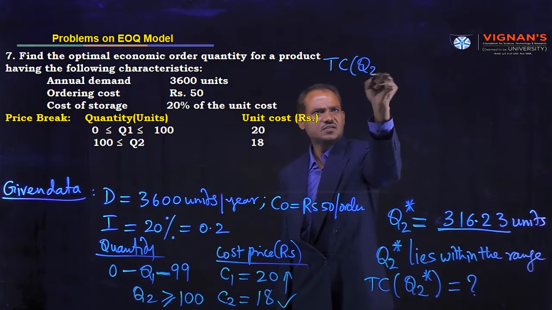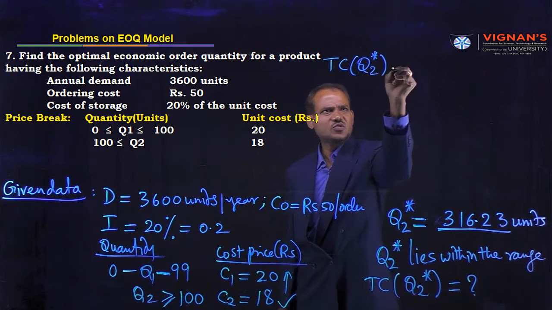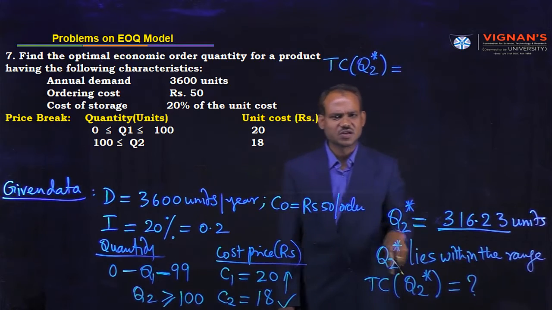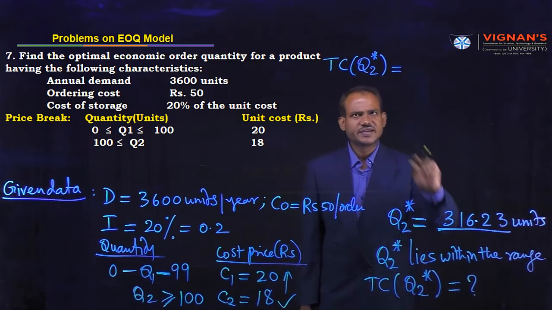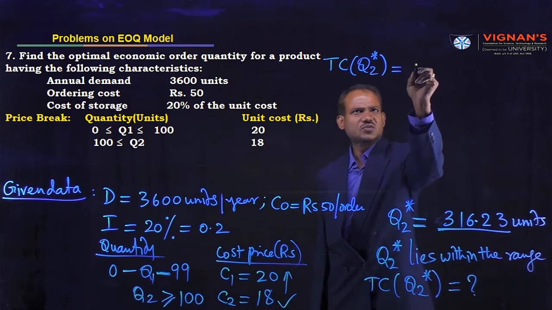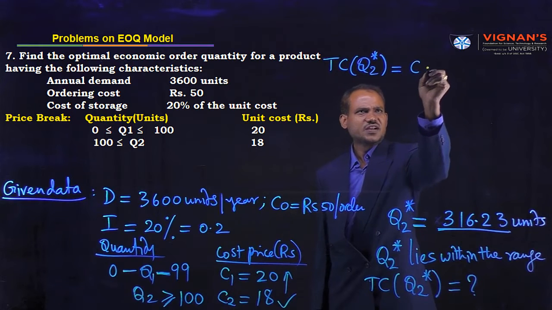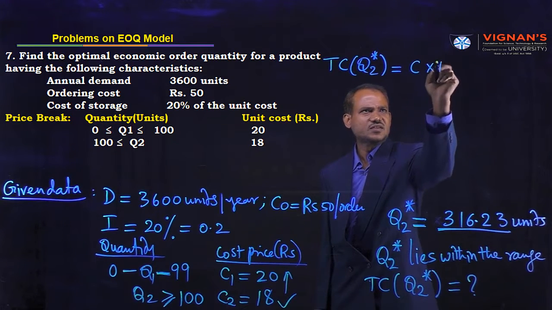TC at Q2 star is equal to, I am going to write the formula. Now you can substitute given values and get the answer. TC at Q2 star is equal to C into D.